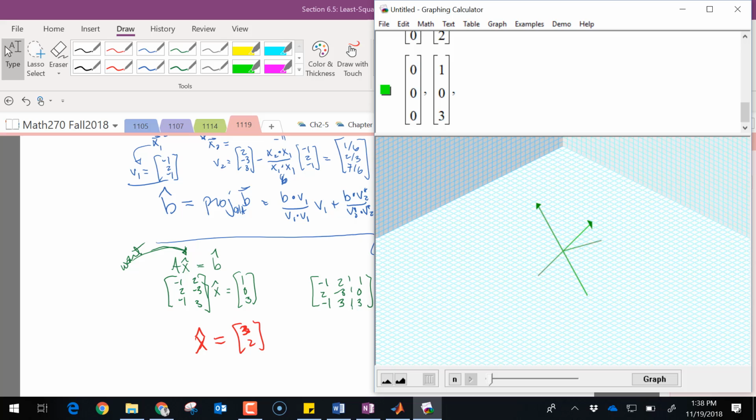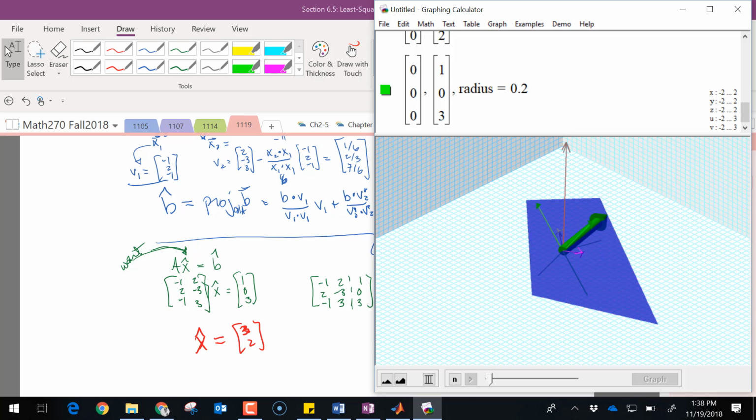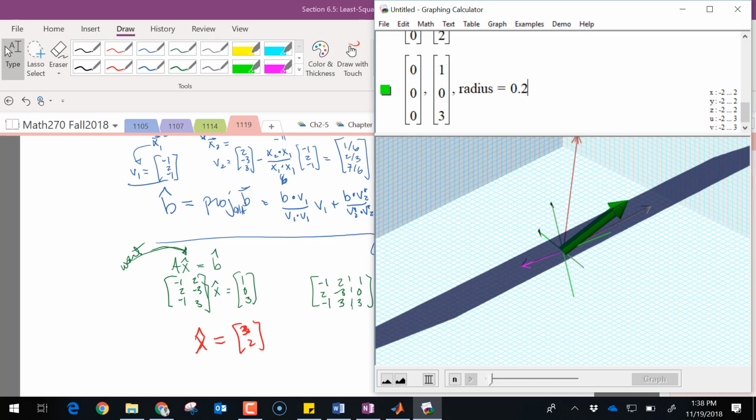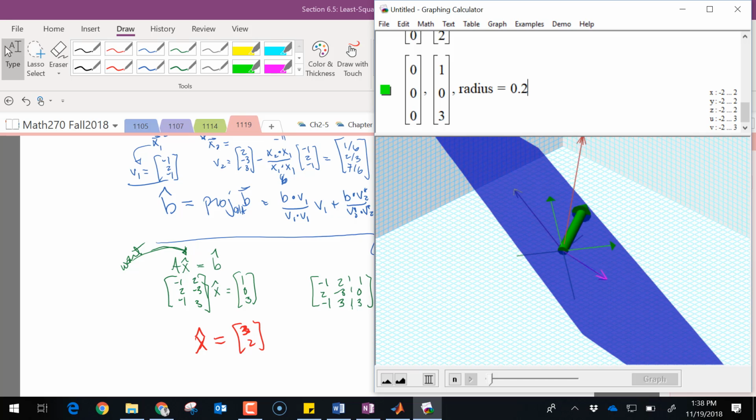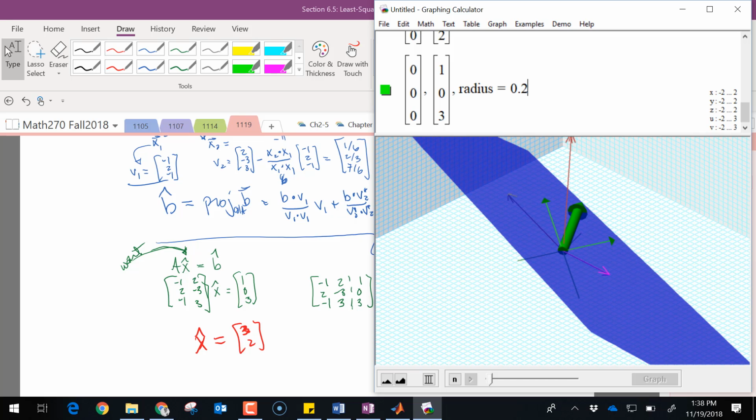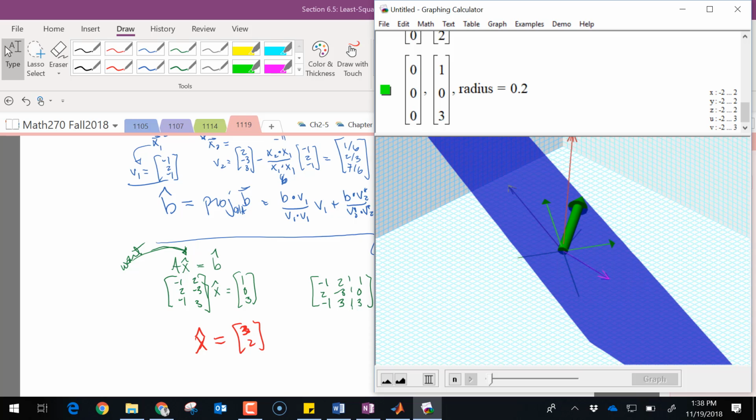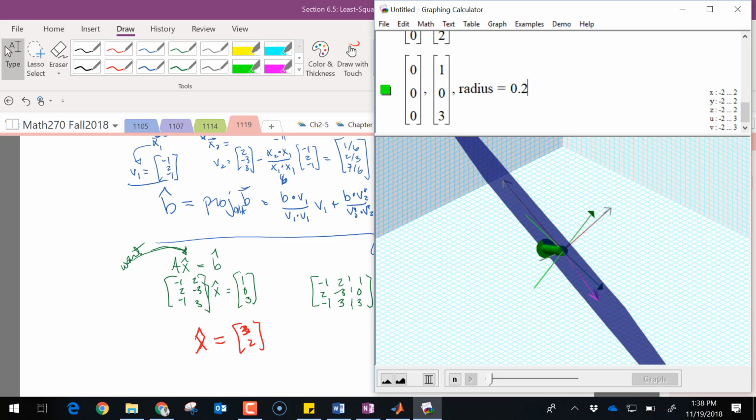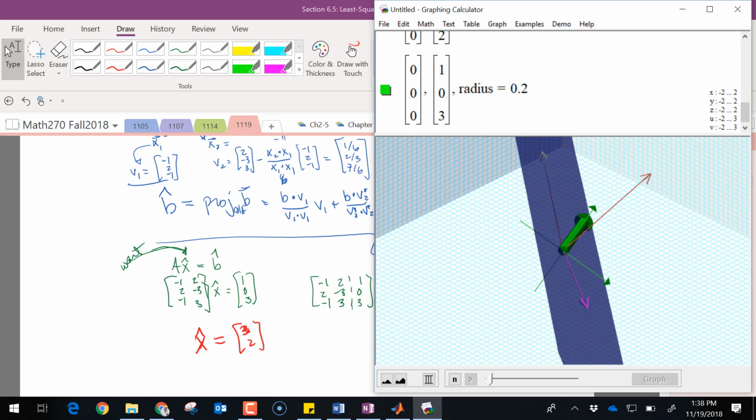Let's make this a little bit bigger. So that's the projection of this B vector that's not on the plane onto this. And that is the shortest distance that we have from B onto the plane.